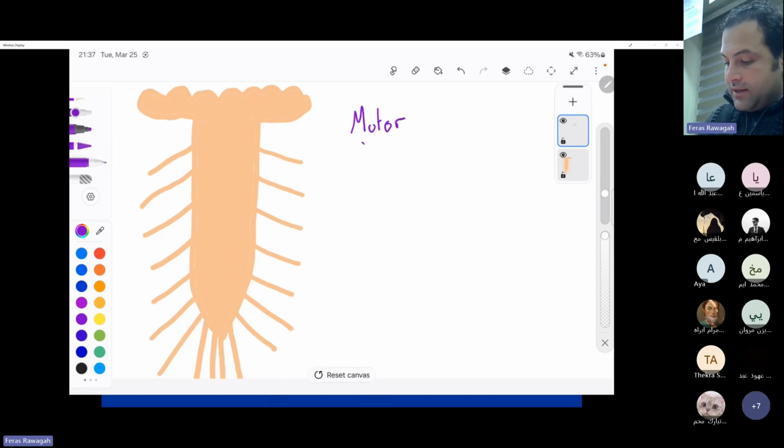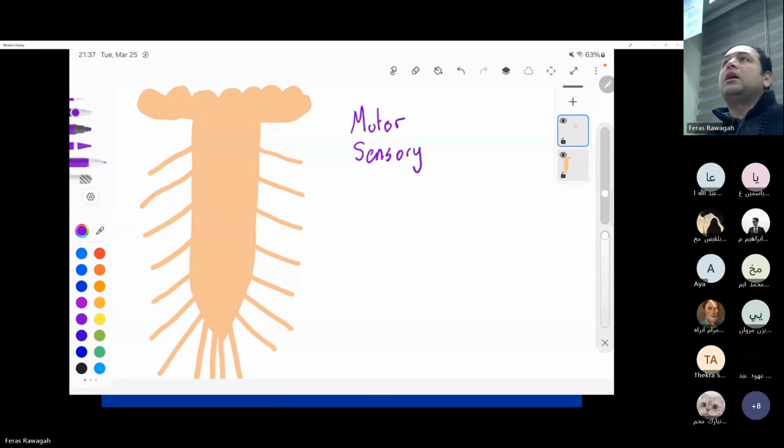And those two functions are related to transferring data from the brain to the peripheral nerves through the spinal cord. So the spinal cord functions as a transfer medium between the brain and the peripheral nerves. And those are the motor and the sensory functions of the spinal cord.